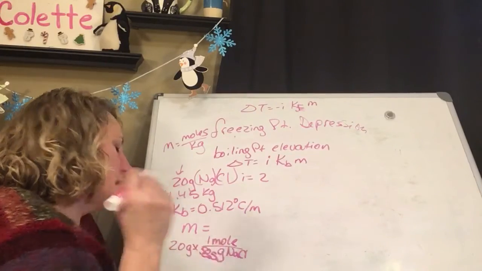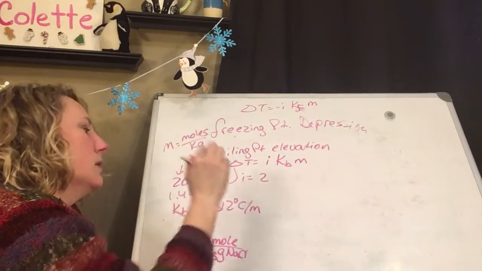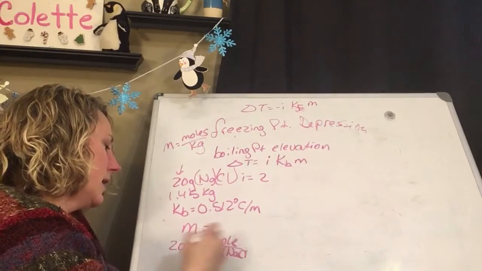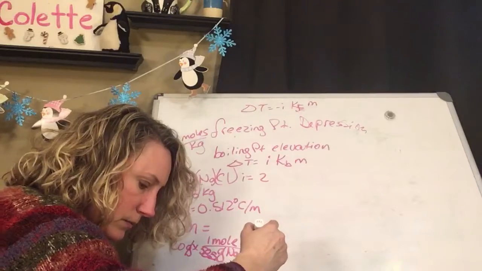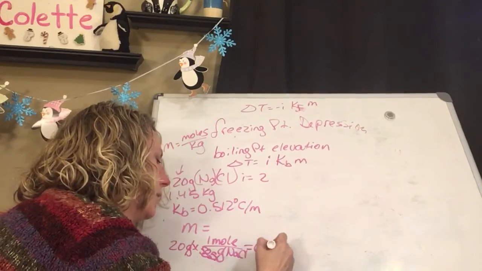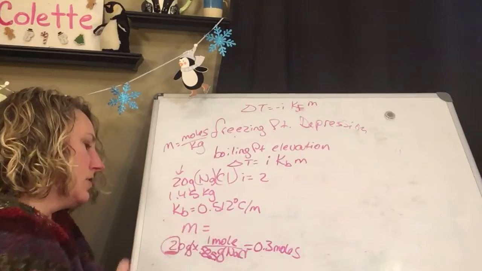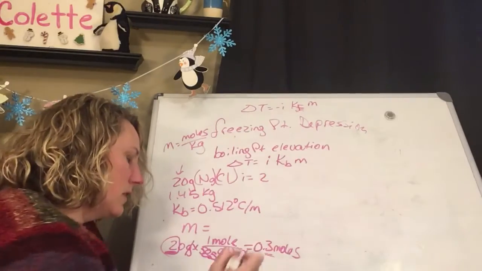58.5 grams, which we calculate by 1 sodium and 1 chloride from our periodic table. And my grams cancel out, and I'm left with 0.3 moles. And again, I only have one significant digit here, so my answer is only going to have one significant digit.